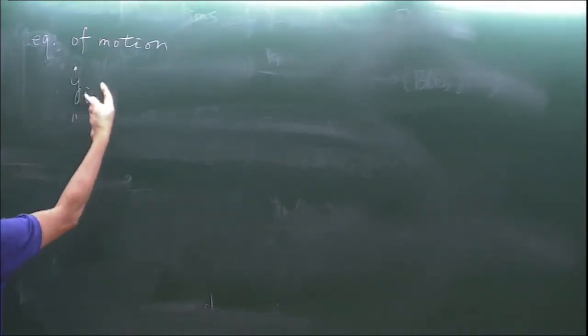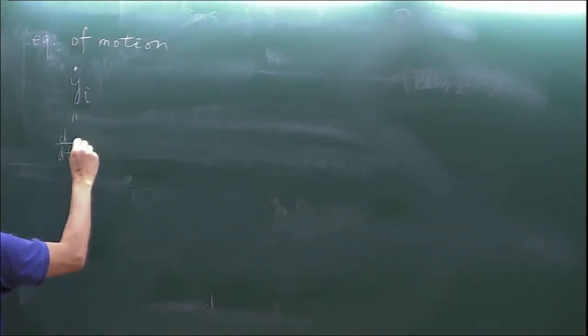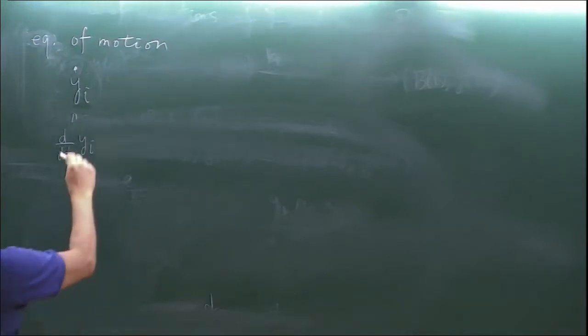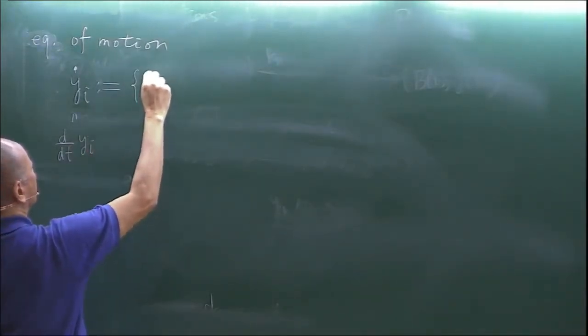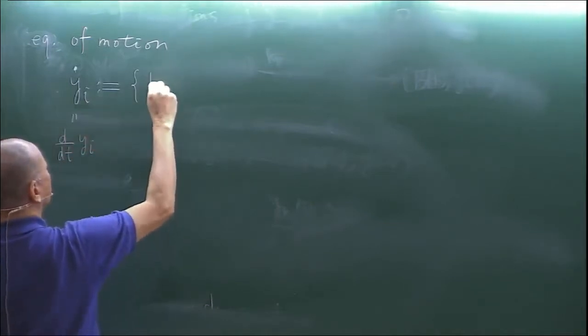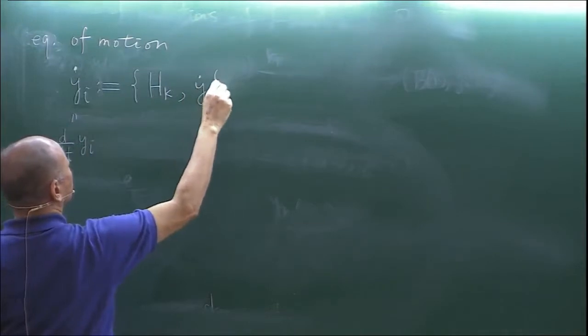It is a standard notation for classical dynamics. If you consider it as a time-dependent variable, it is a derivative of this variable, and it is given by the Poisson bracket with the Hamiltonian, which is the definition of the Hamiltonian.